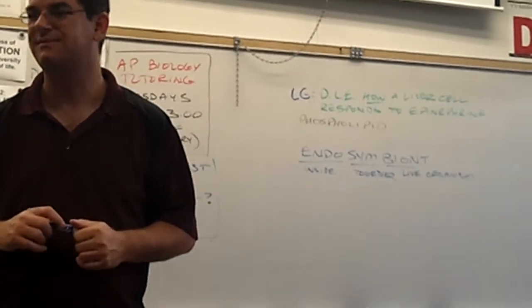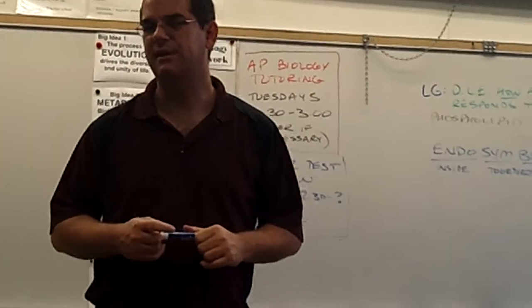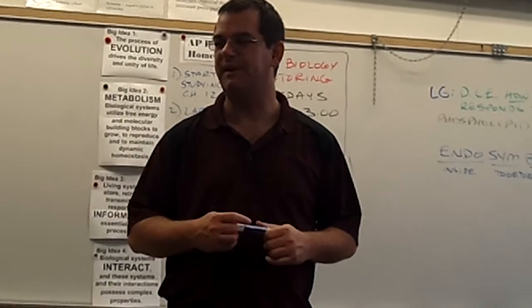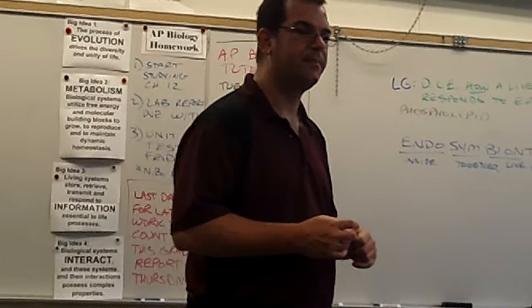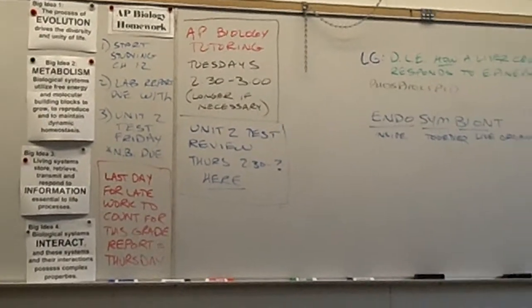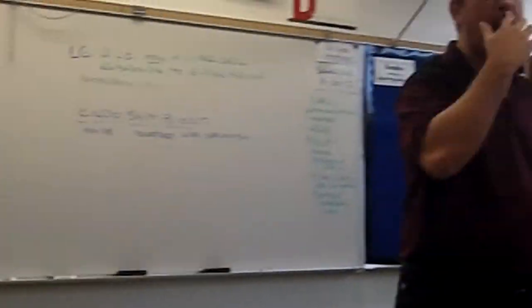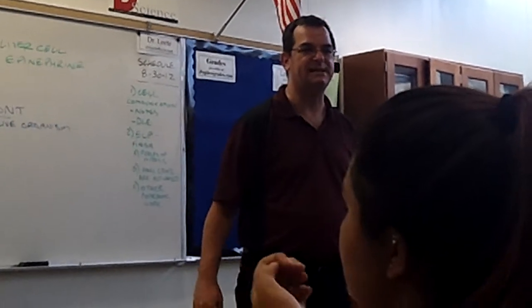The going theory is that the nucleus had already formed by then, so we could call them eukaryotes. You could say plastids and mitochondria, because a chloroplast is a type of plastid.